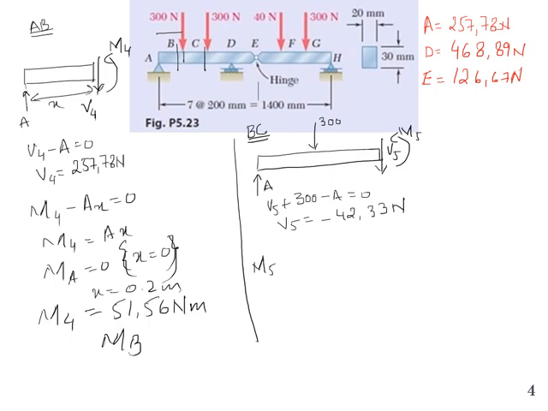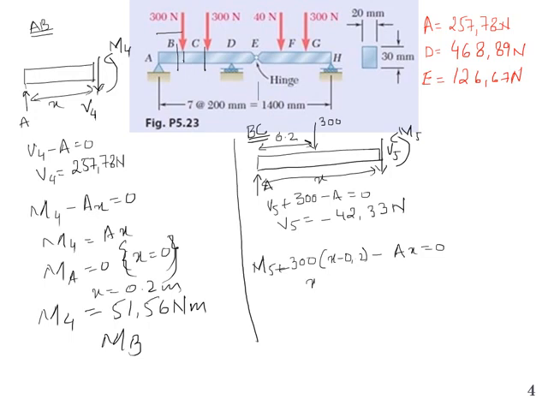Since we're taking the section from left to right, x, and we know this distance is 0.2, we can write M plus 300 into x minus 0.2, minus A into x is equal to 0.